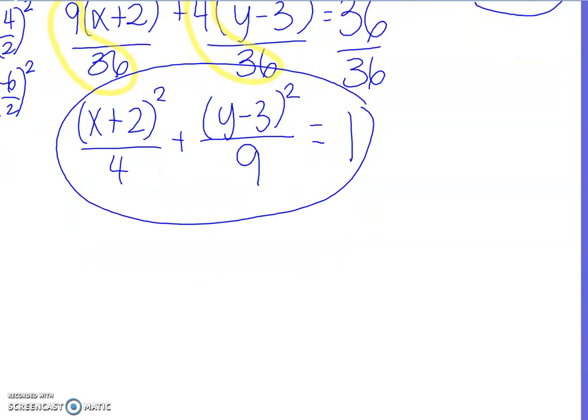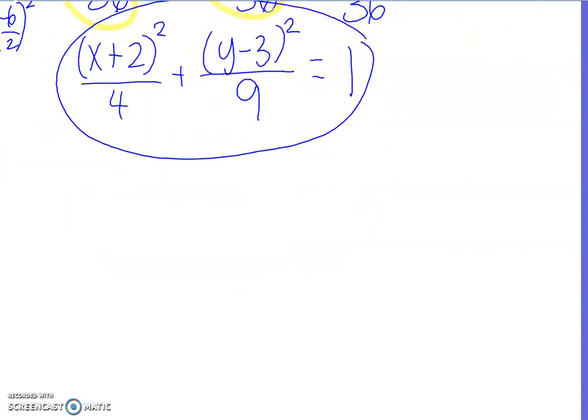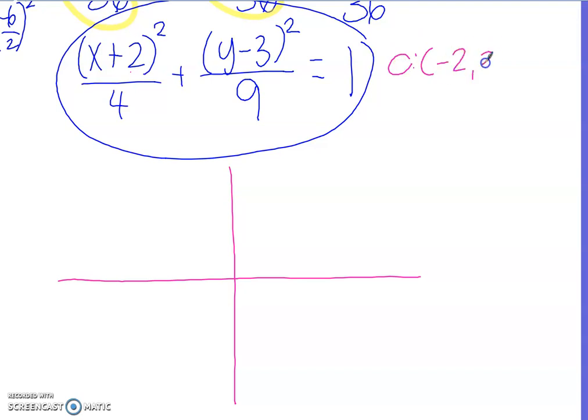And then I'm going to walk through graphing this with you, and then y'all can write out the characteristics because we have to work from the graph. For this one, the center of this graph is negative 2, 3.